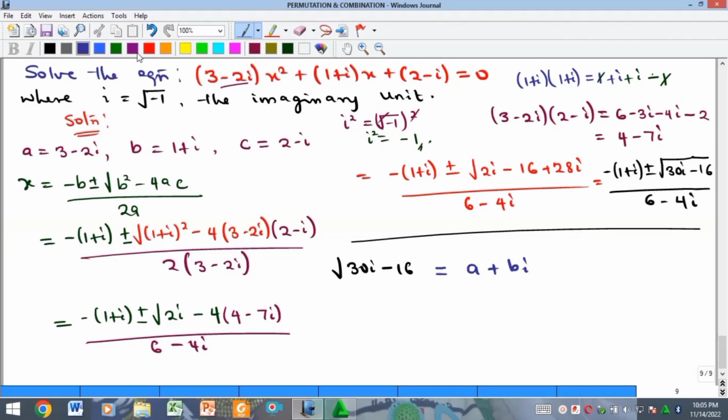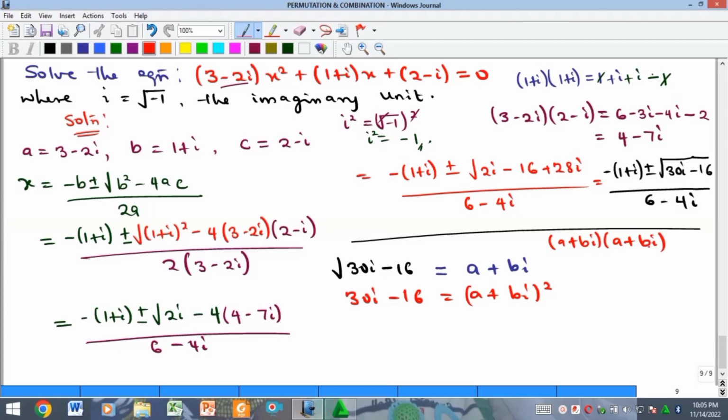We try to clear the square root on the left hand side by taking it to the right hand side, and that's going to give us 30i minus 16 is equal to (a plus bi) squared. Of course, the square root coming here becomes a square. All right, so we try to expand these two, and when we do, we'll have a plus bi multiplied by a plus bi.